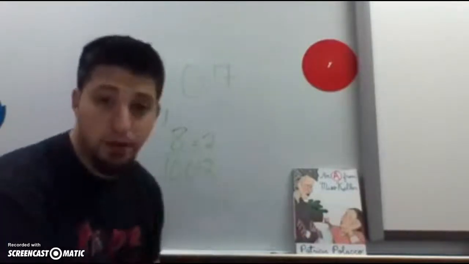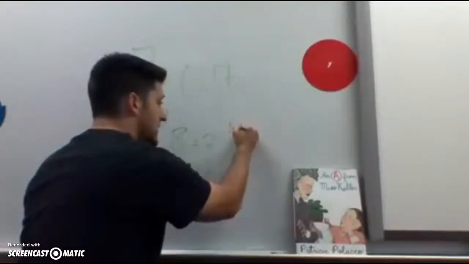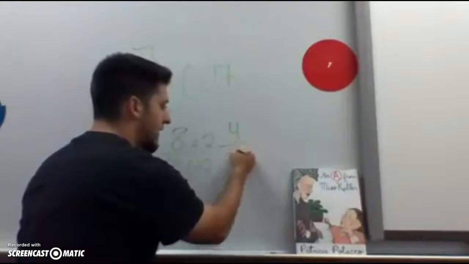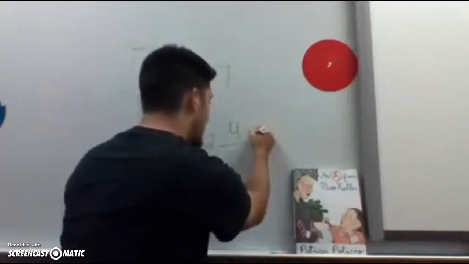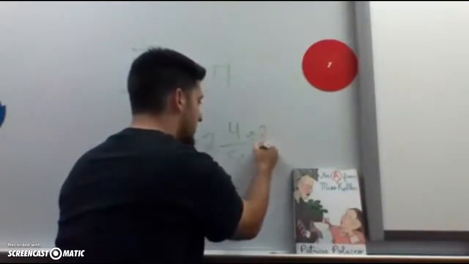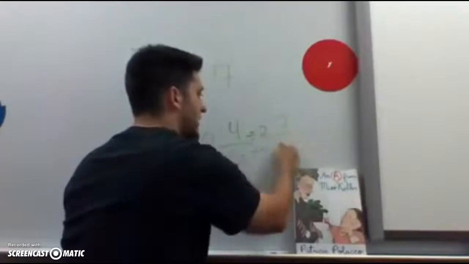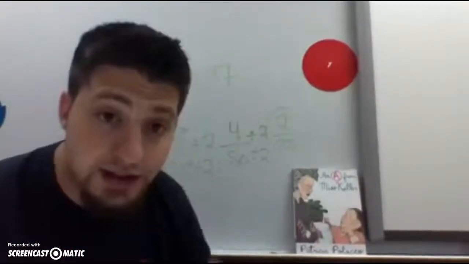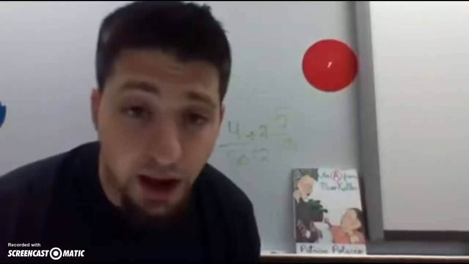If you remember our divisibility rules, if you don't, go back and listen to the song. 8 divided by 2 is 4, and 100 divided by 2 is 50. Now, we're not done because these two are still both divisible by 2. Divide by 2, divide by 2. You get 2/25. That 2/25 is the simplest form of our decimal 0 and 8/100.